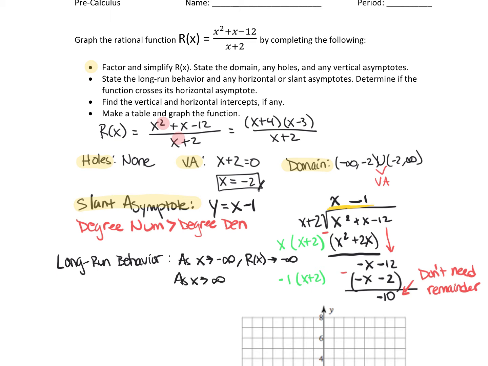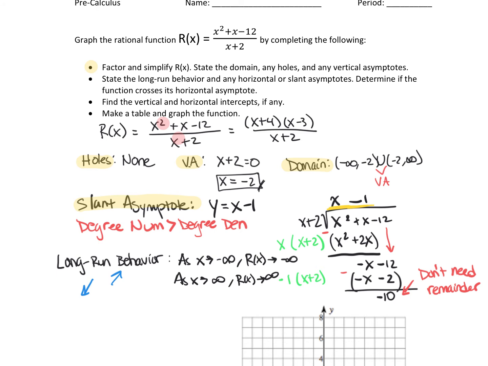And as x approaches positive infinity, or the right side of my graph, r of x approaches positive infinity as well, or the right side is moving upward.